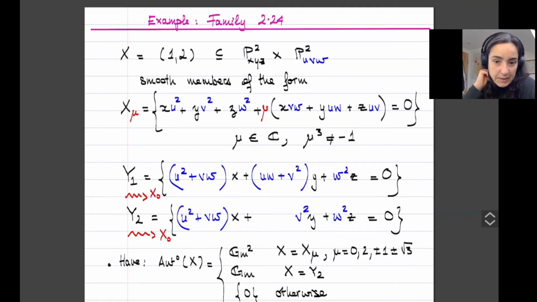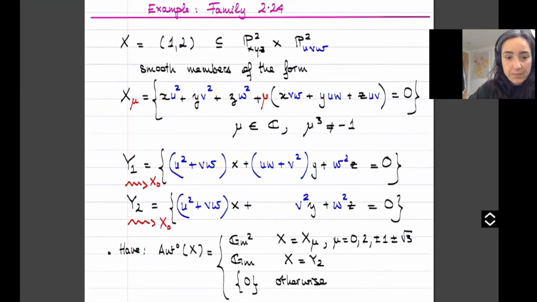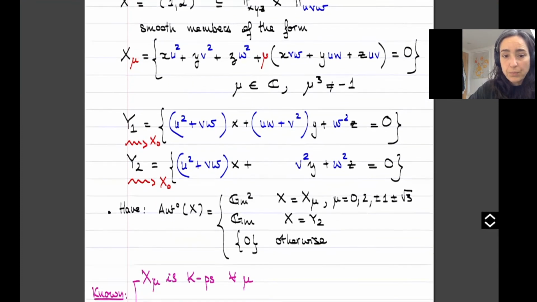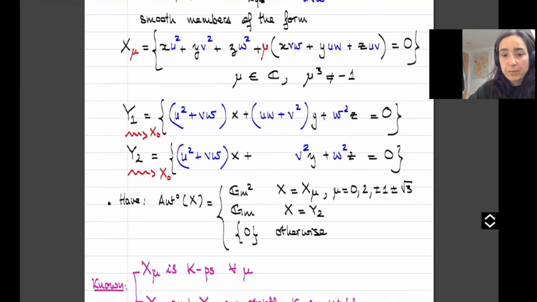And then you have two special cases, Y1 and Y2. And Y1 and Y2 both have special degenerations to the fiber over 0 of this family X_mu, so to X_0. So you can show that there's an effective G_m action on X_mu when mu is 0, 2, or plus or minus 1, plus or minus square root of 3.